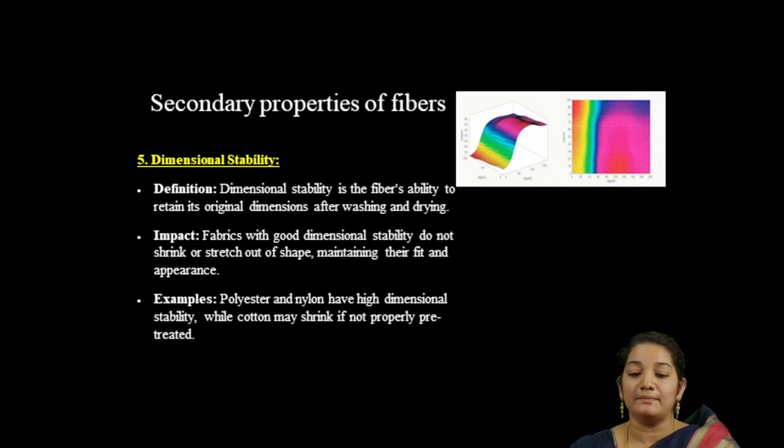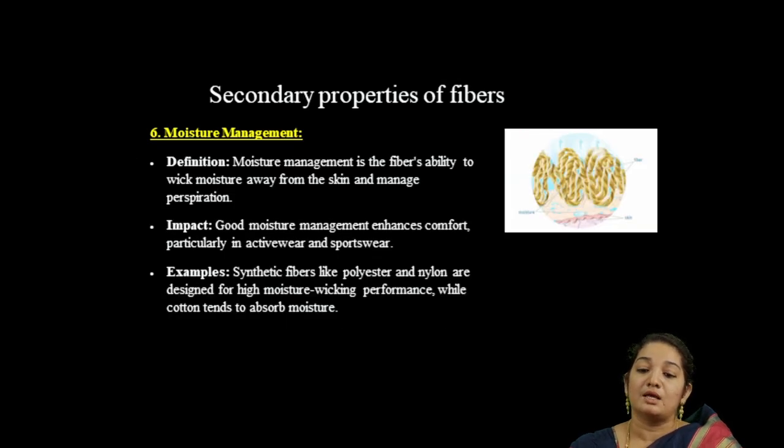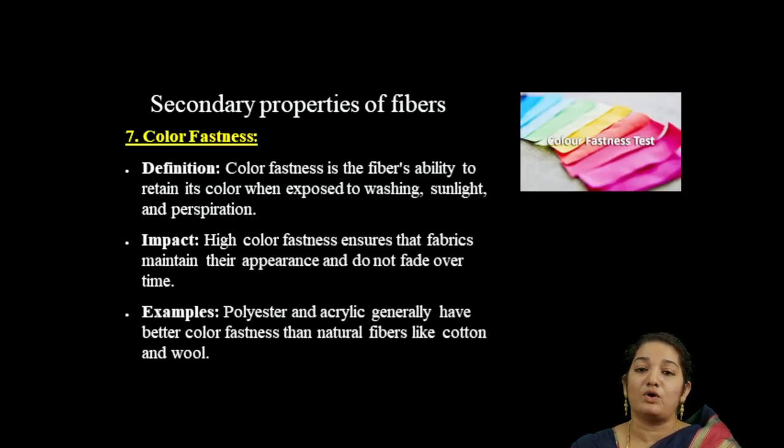Dimensional stability is also a very important aspect when wearing the dress. It should not stretch out of shape, and at the same time it should not shrink. Next, color fastness. Color fastness is the ability to retain the color when exposed to sunlight, and also when washing with heavy chemicals.